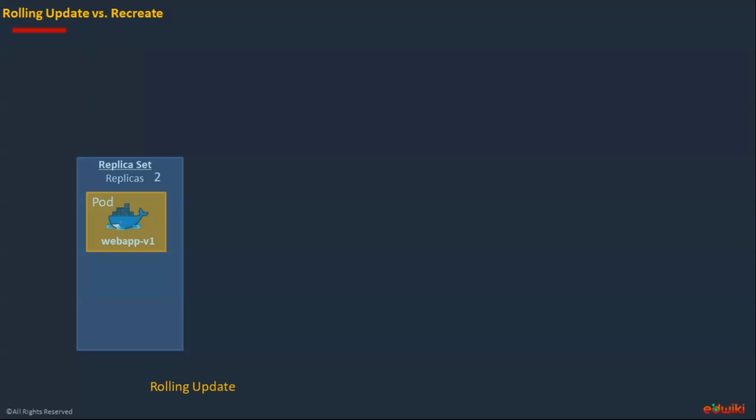The replica set controller will now deploy one more pod, and the application will come up on this pod as well, which is again V1 only, because I said I need 2 replicas. The 2 pods are deployed using the same image and same configuration. That's why I'm calling it the V1 version. The service may route the traffic to any of these 2 pods, and the response will be the same.